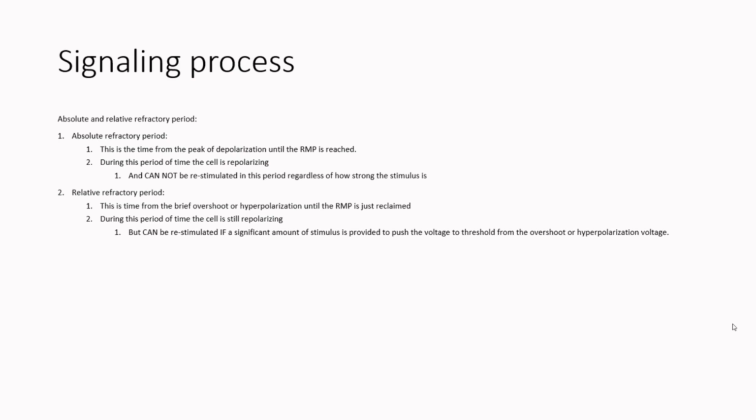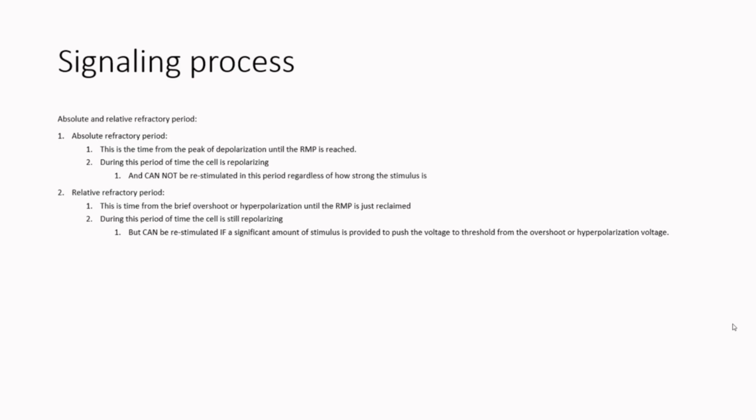Then we have these absolute and relative refractory periods. These are periods where we can stimulate or not stimulate another action potential. When it comes to the absolute refractory period, it doesn't matter how strong a stimulus we have, we cannot during this time stimulate another action potential.